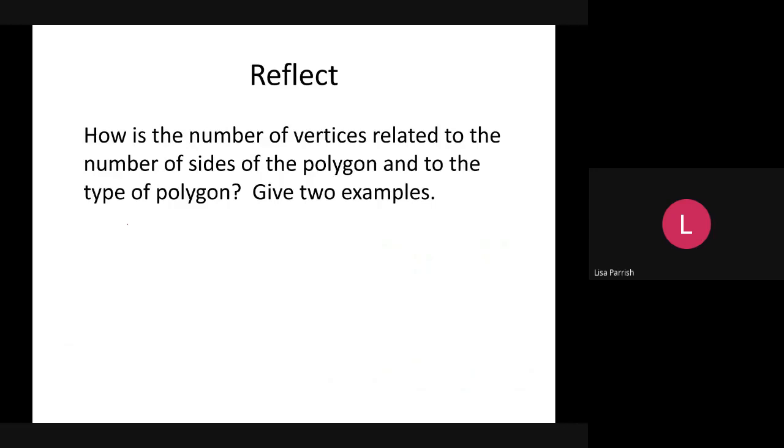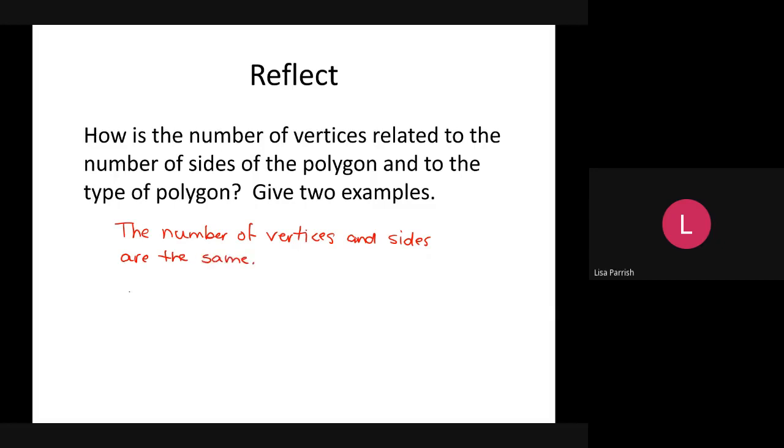And it talks about, give 2 examples. So you could say the number of vertices and sides are the same.